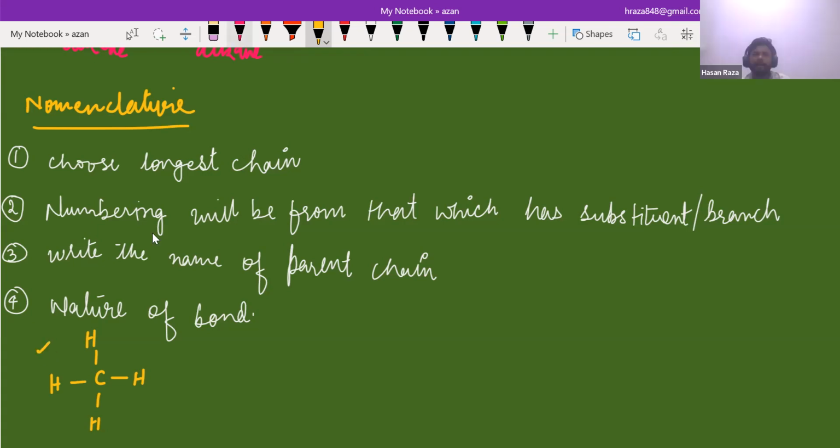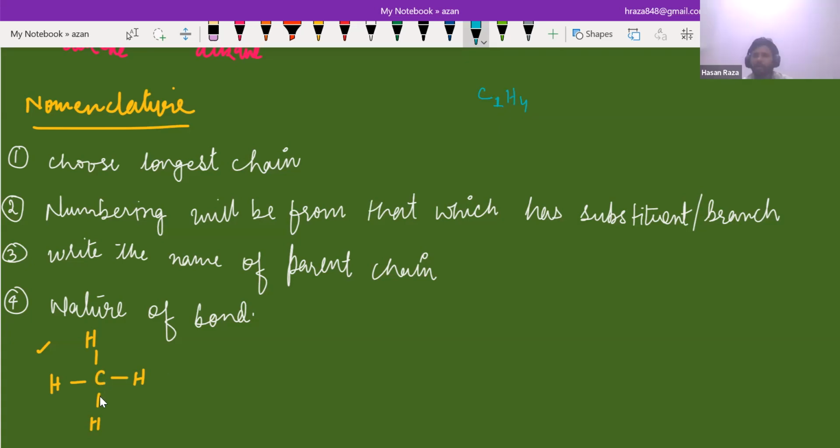Alkane, alkene, alkyne. In the small molecules, you have to look whether it is alkane, alkene, alkyne. Again, you have to think of this. C is 1, as you can see, and hydrogen is 4. Sir, it's alkane.